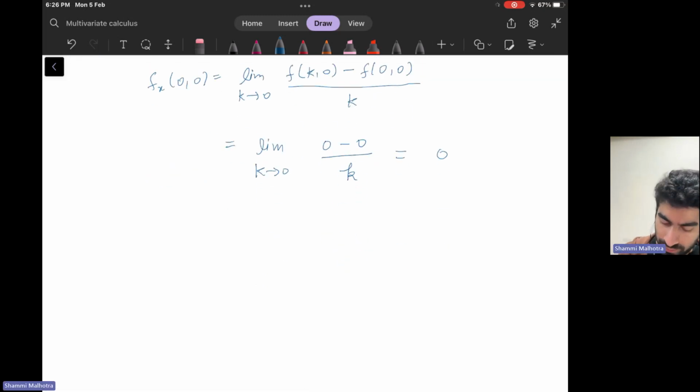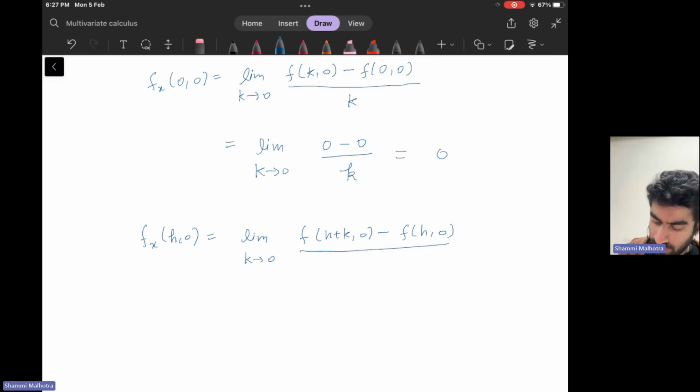Similarly, we would like to find fx at (h, 0). Again we employ the definition. This will be the limit as k tending towards 0 of (f(h plus k, 0) minus f(h, 0)) whole divided by k. This is our definition of a partial derivative.